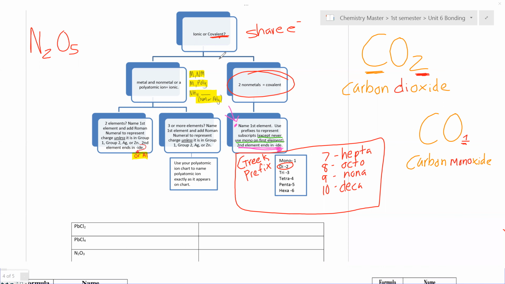And what's the prefix for 2? Your prefix is over here. Di. So this is di, and what element is this again? Nitrogen. Dinitrogen. Excellent.